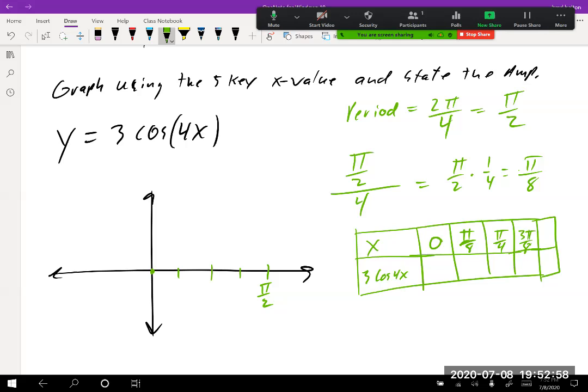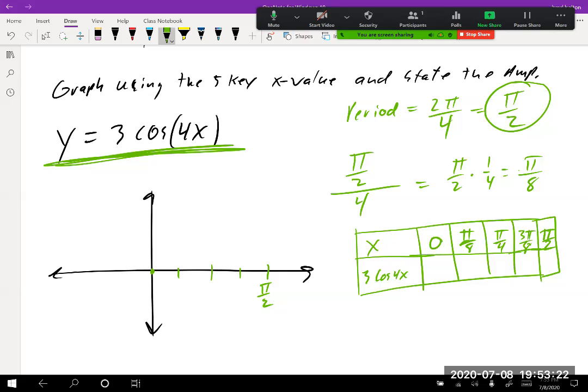And then if you take another pi 8, you get 4 pi 8s, but 4 pi 8s is actually pi over 2, which is what it should have been, right? Because we recycle ourselves. We start over after pi halves. So this whole thing is going to go again then. So what we need to do is plug 0, pi 8s, pi 4s, 3 pi 8s, and pi halves into this function.